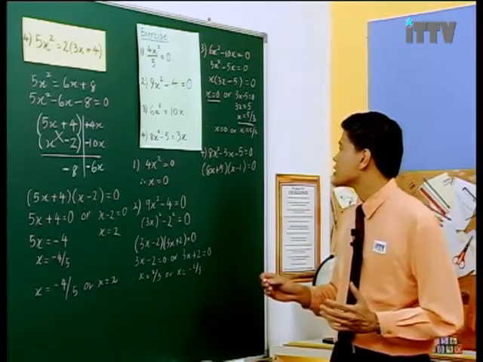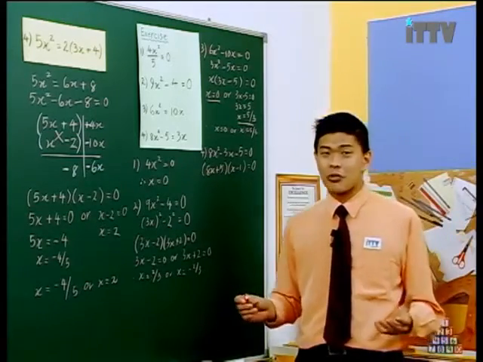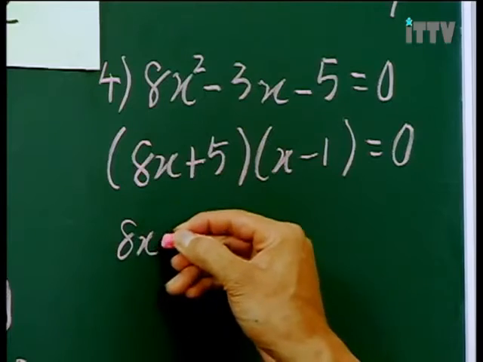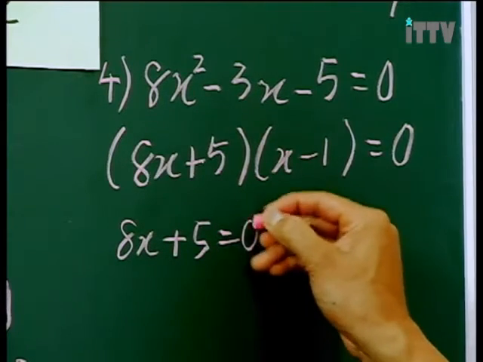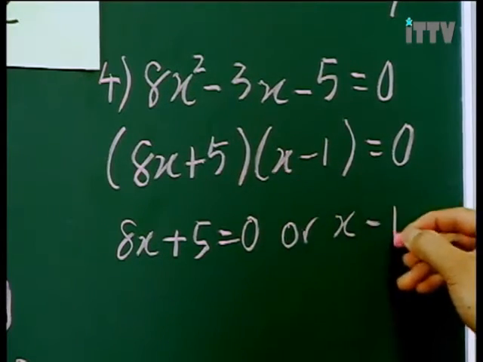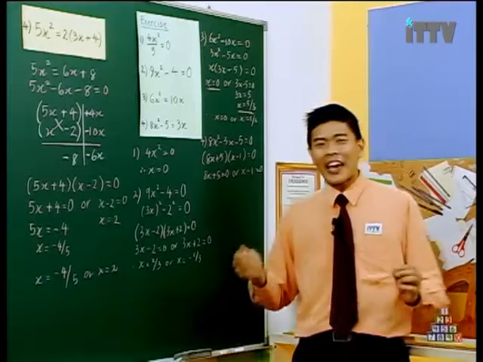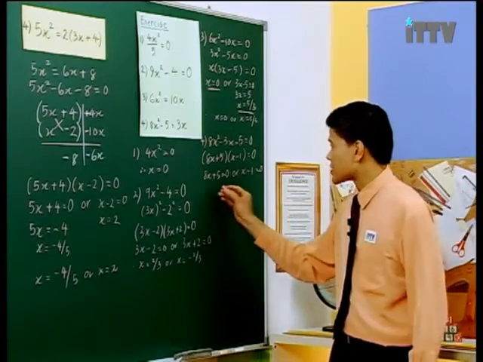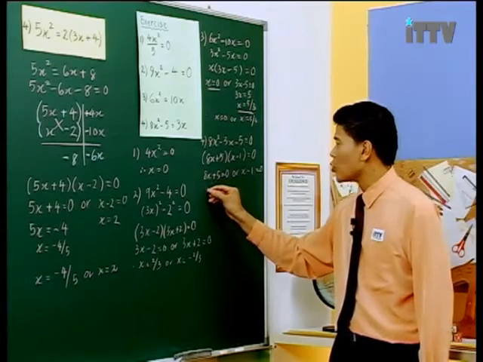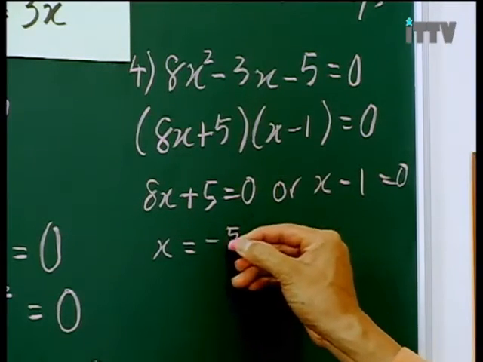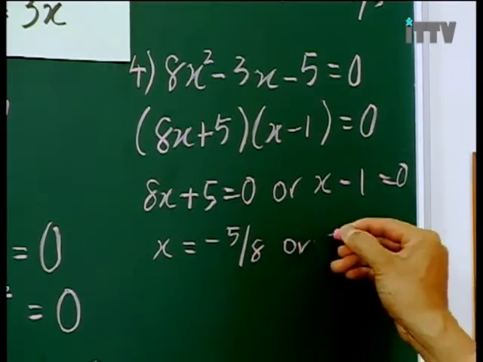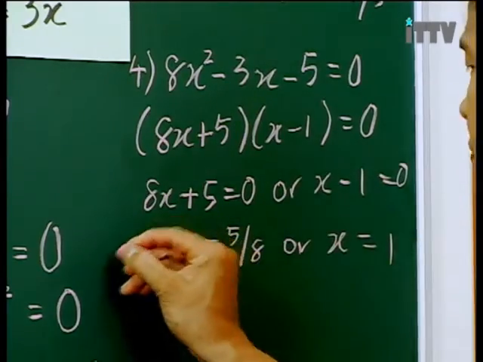Equate both factors with 0. So 8x plus 5 is 0 or x minus 1 is 0. So you now have your two values of x. When you shift over, you will get x equals negative 5 over 8 or x equals 1.